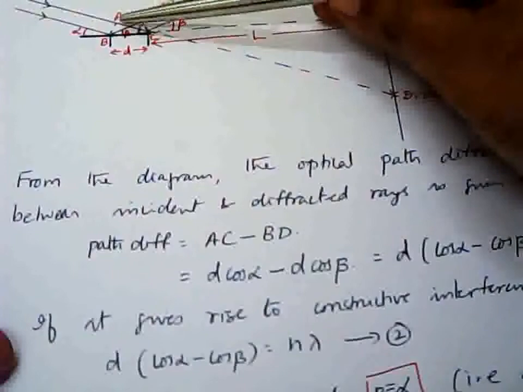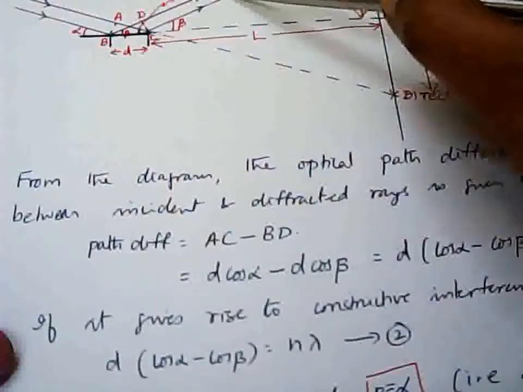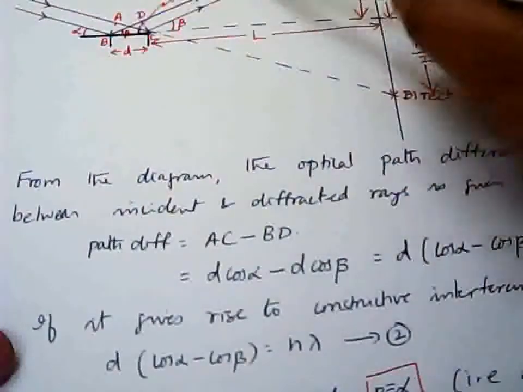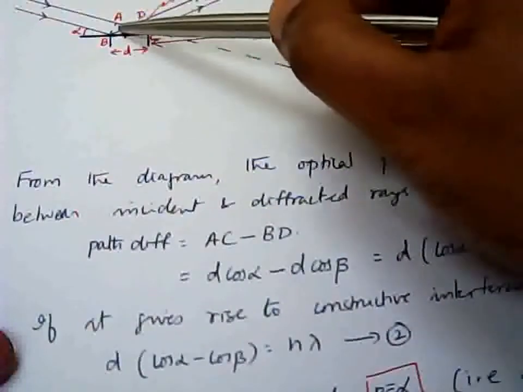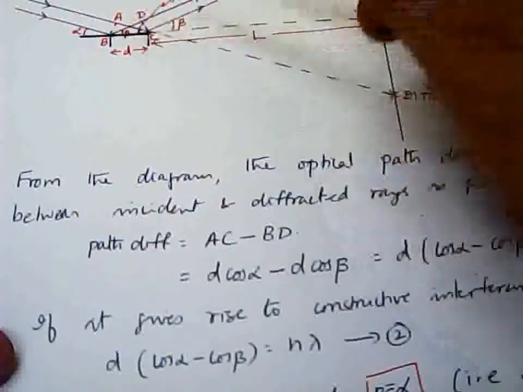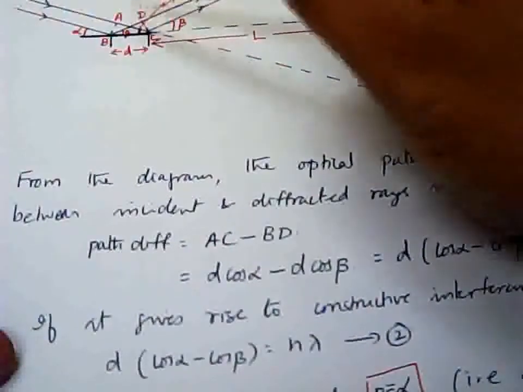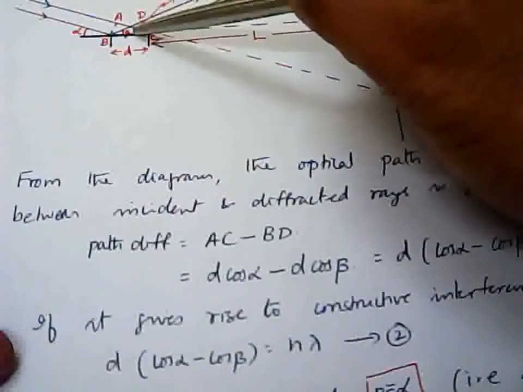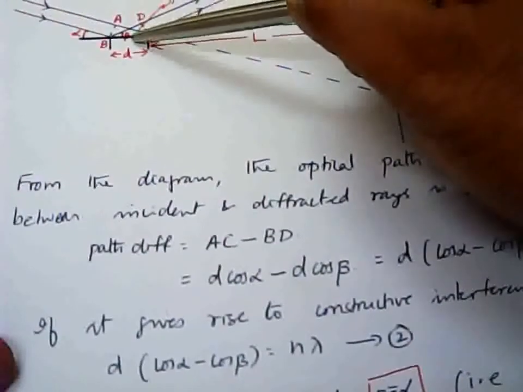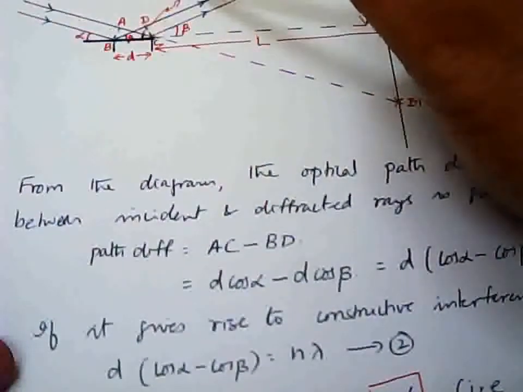The path difference between the 2 rays, which is showing here, is nothing but AC minus BD. Since this angle is beta, this angle is also going to be beta because they are parallel to each other. Okay. So these angles are betas in both cases. Same way, this angle out here, which you are seeing here, that angle is nothing but alpha.